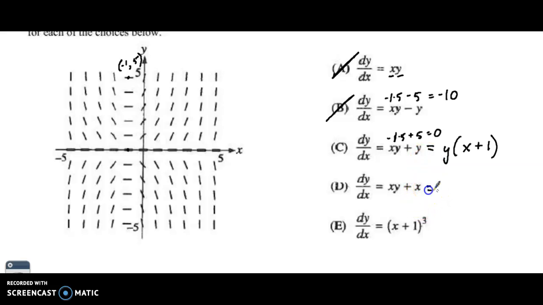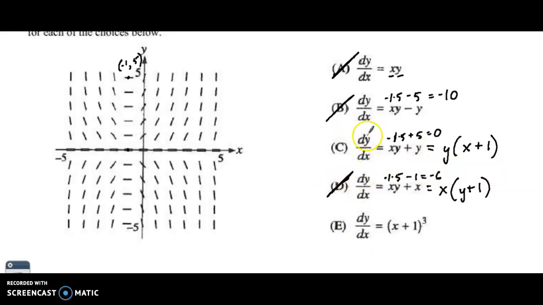The problem with this one is if you factor it out, it would have been y plus 1. So again, -1 times 5 minus 1 does not equal 0. That would give me -6. So that answer doesn't work.